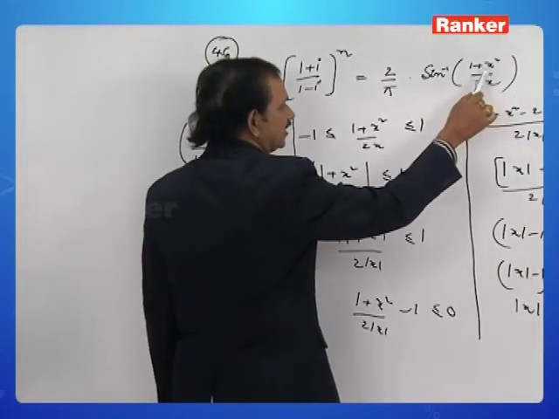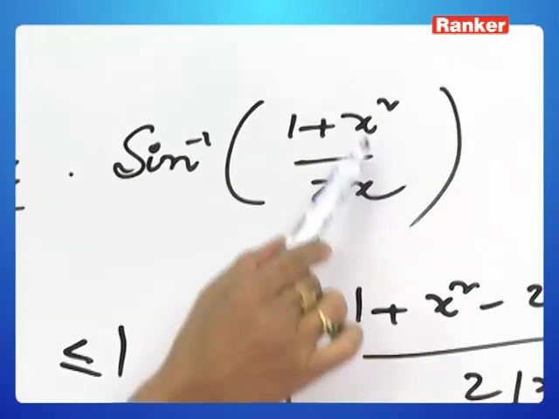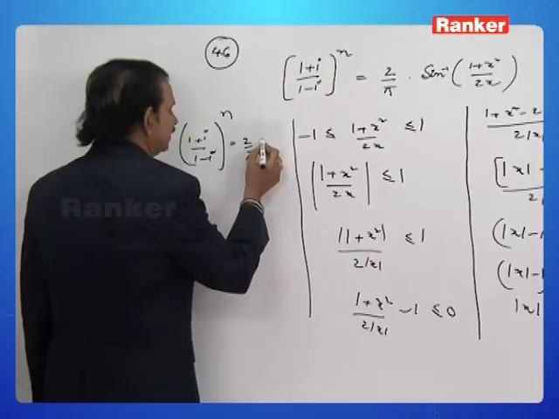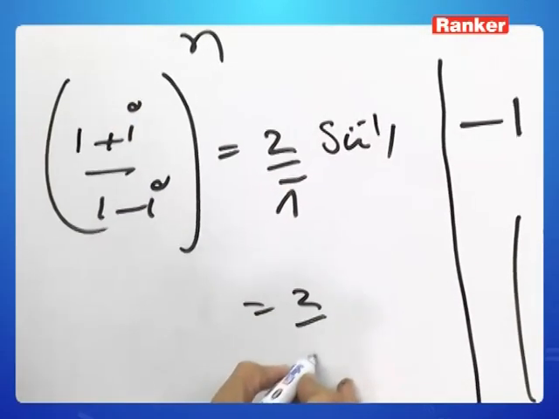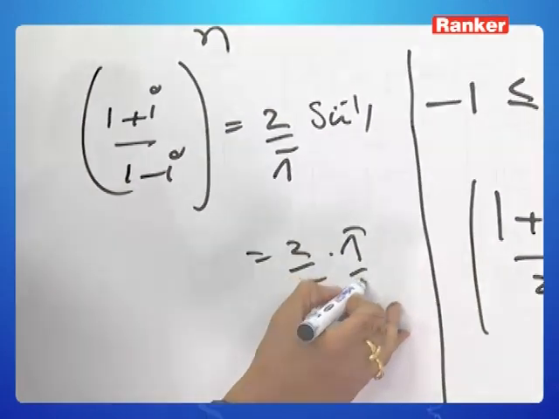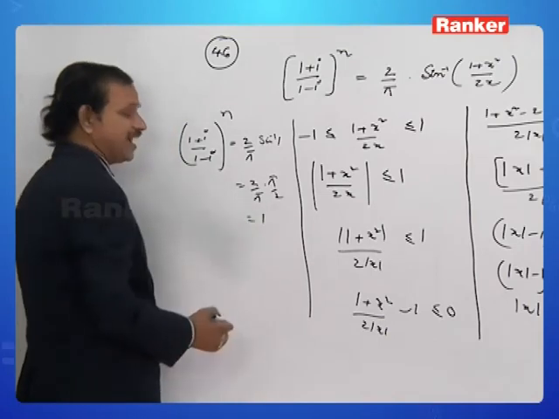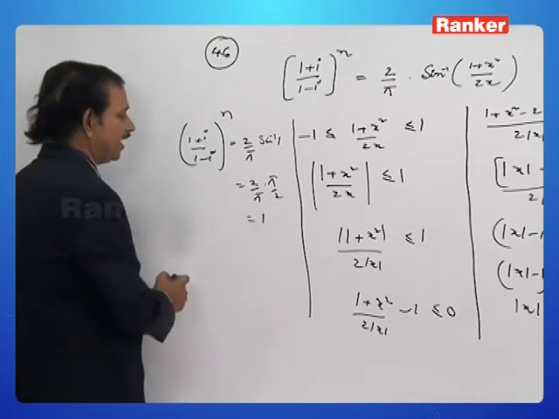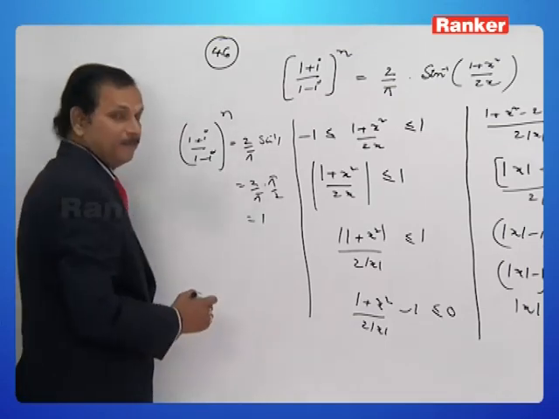I am getting x as 1. 1 square is 1, 1 plus 1 is 2. 2 by 2 is 1. Sine inverse 1. What is sine inverse 1? Pi by 2. 2 by pi into pi by 2, what is that? 1. So (1 plus i by 1 minus i) whole to the power of n is 1.